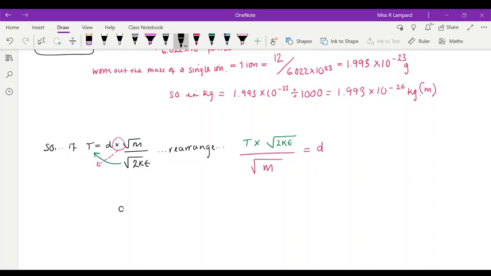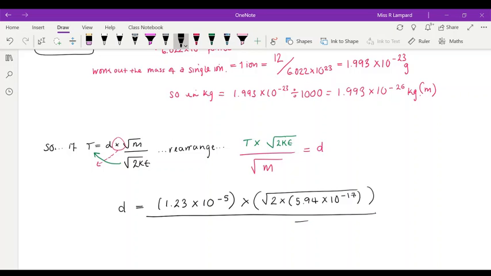So D is equal to, so we were given time in the question, which was 1.23 times 10 to the power of minus 5 seconds, times, and here comes our square root 2KE, 2 times 5.94 times 10 to the minus 17, again given to us in the question, divided by the square root of the mass that we just worked out, which is 1.993 times 10 to the power of minus 26.